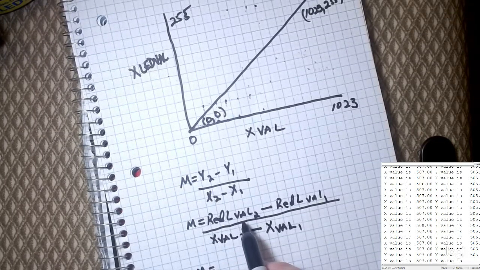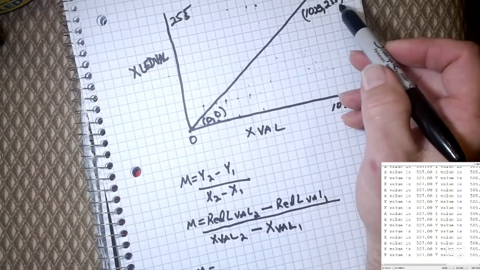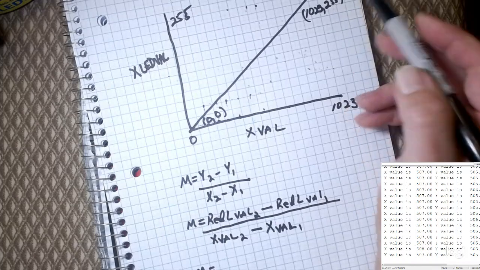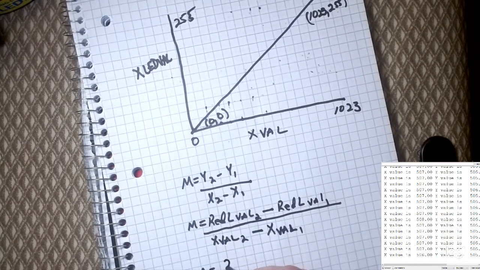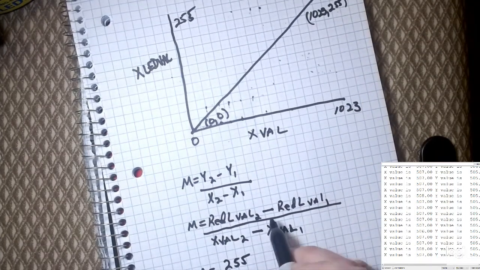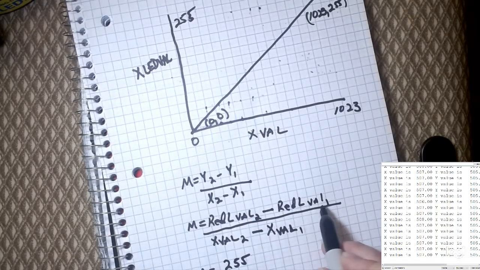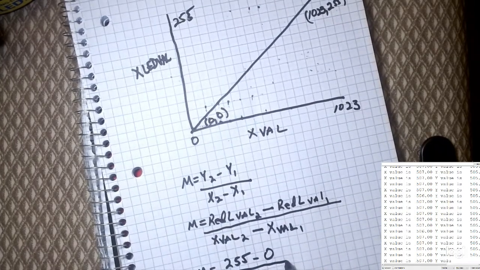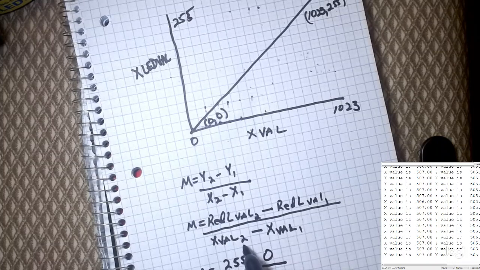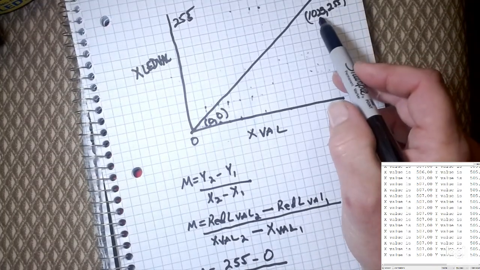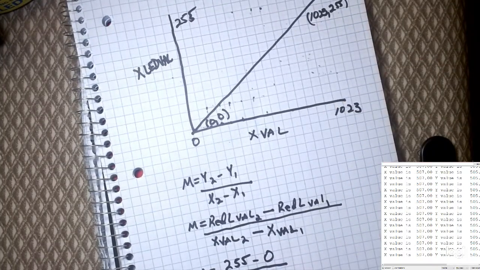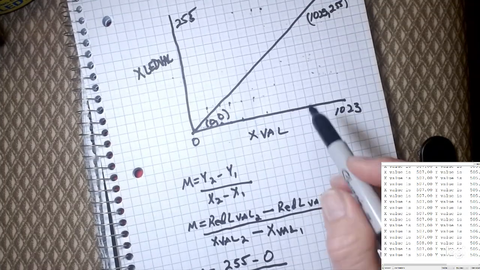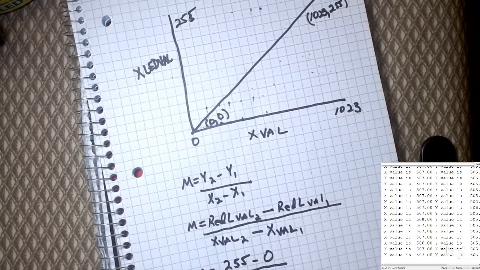So if we plug our numbers in, red LED value 2 is this number, 255, minus red LED value 1, 0, over X value 2, which is 1023, minus X value number 1, 0.